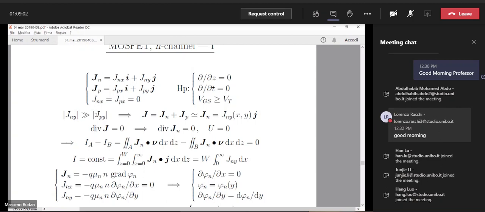So this device, in essence, is of the type that is called unipolar, because the current density is essentially due only to one type of carriers. In this example, the electrons, because we have an N-channel MOS transistor. So this is a fundamental difference with respect to the bipolar transistor, in which, as you remember, we had to consider both electrons and holes to correctly describe the functioning of the device.